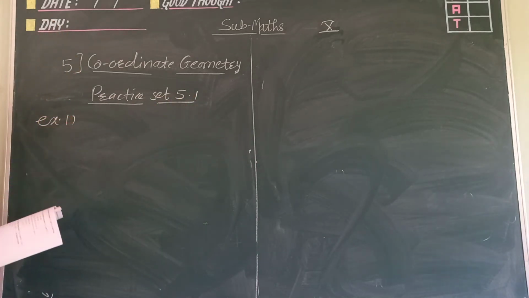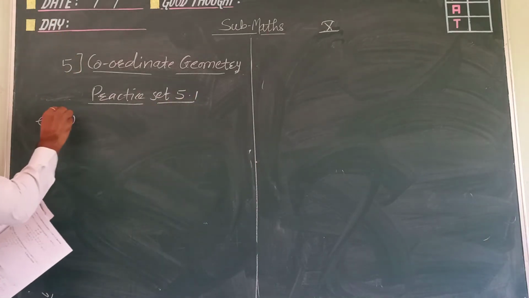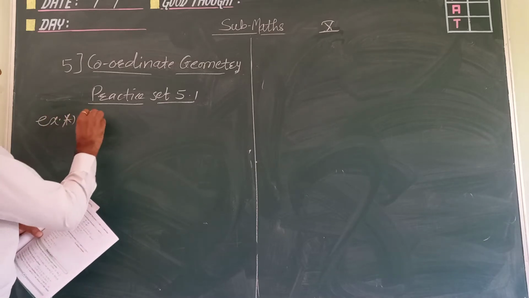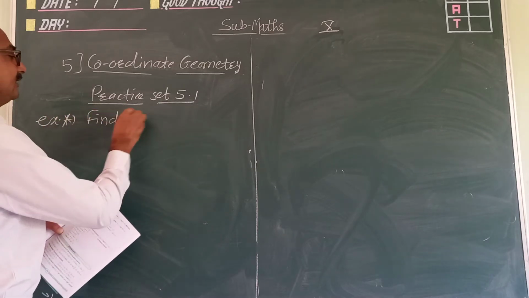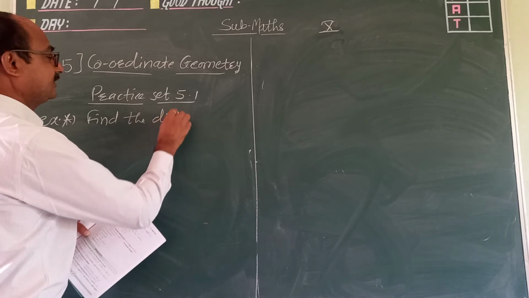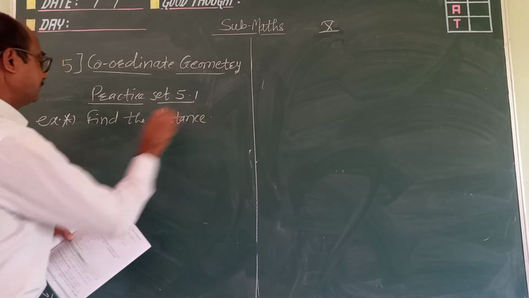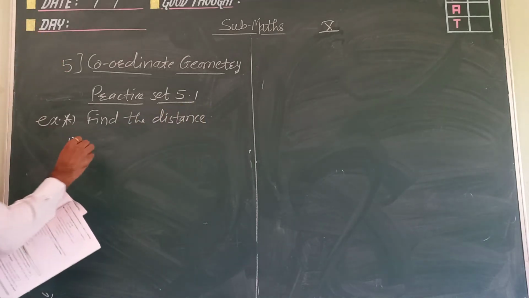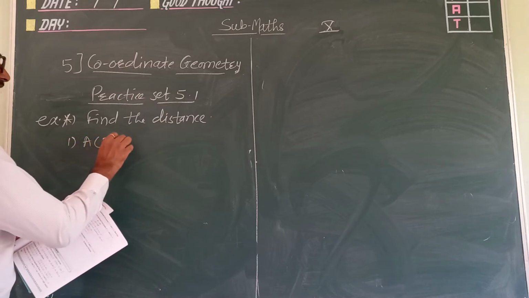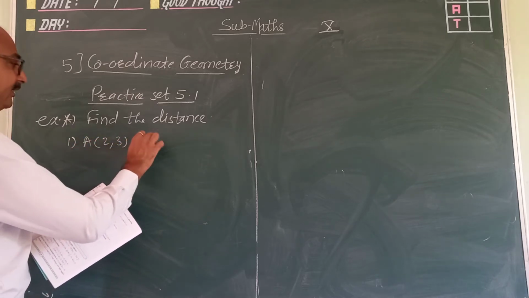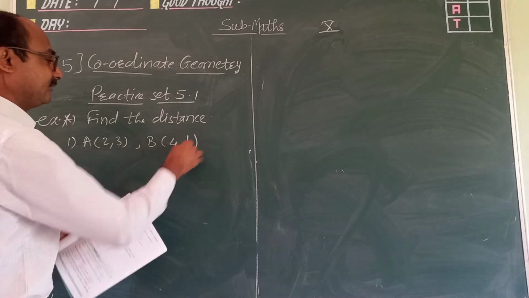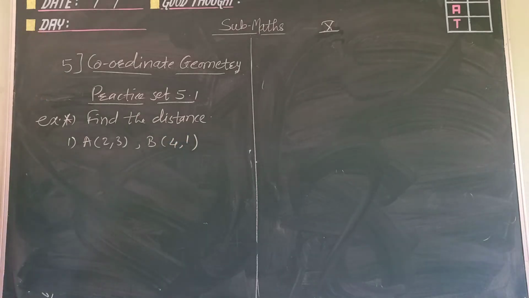Example: find the distance between the given 2 points. So one example we get: A (2, 3) and B (4, 1). See carefully, you have to solve some more examples on this.